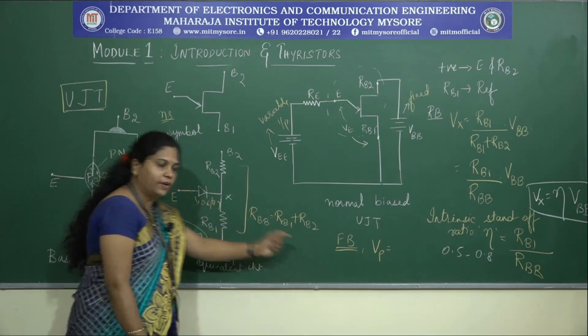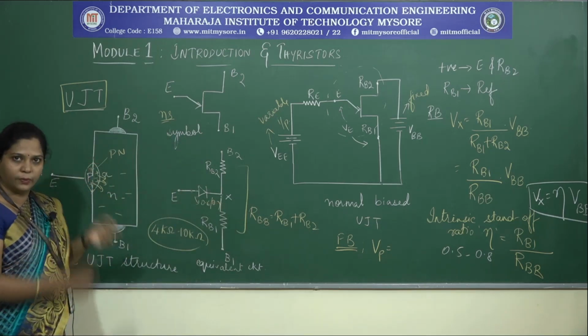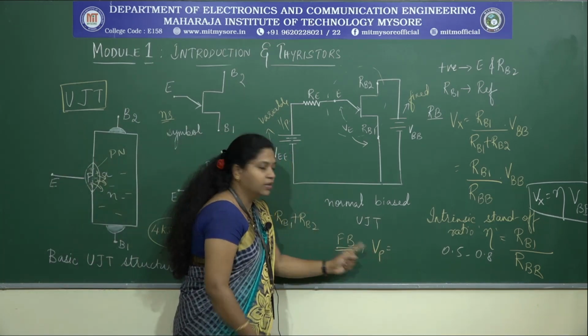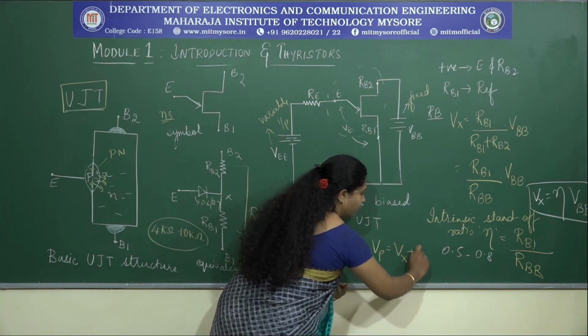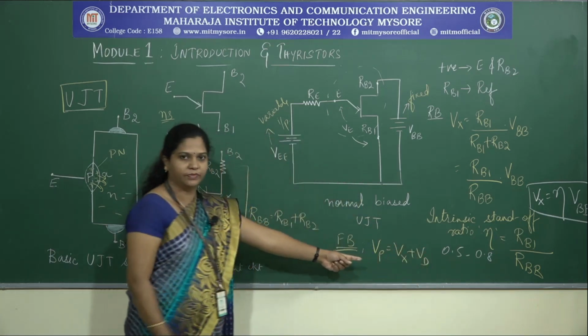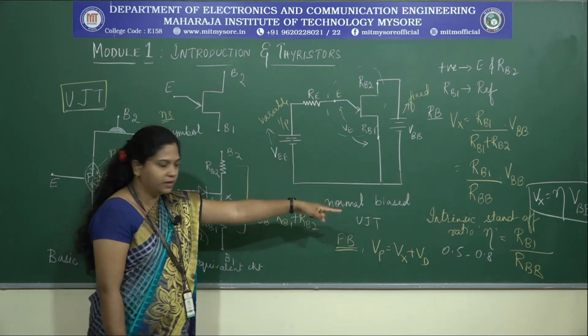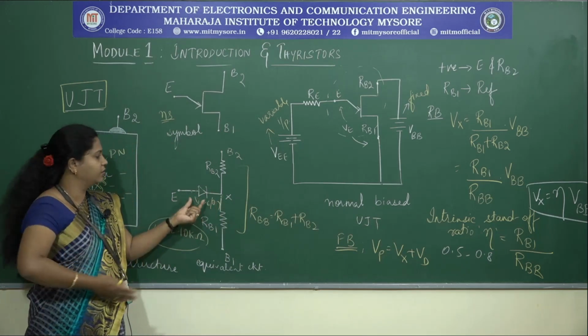So, just at the instant when the junction is broken, we get the equation, the peak value Vp is equal to Vx plus Vd. Vx is nothing but eta VBB, plus the diode voltage Vd, the on state voltage drop.